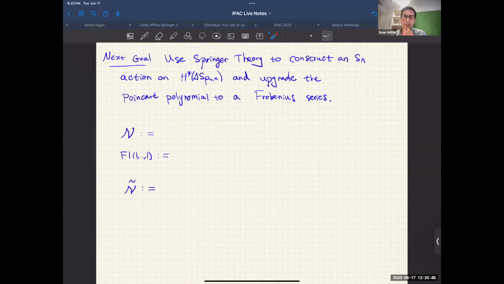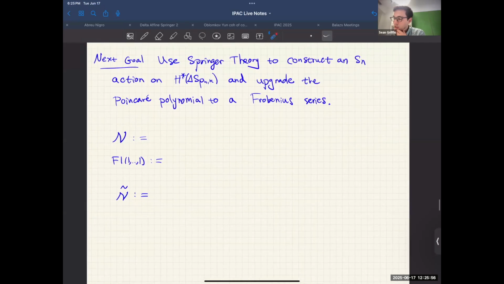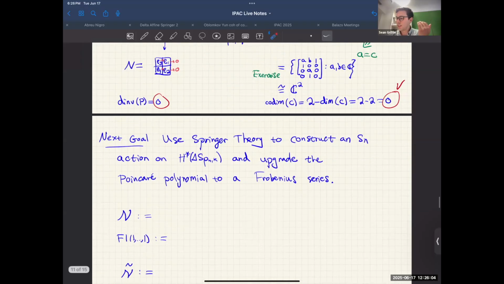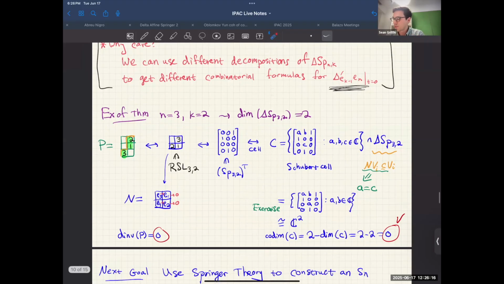In order to do this, I'll define Frobenius character next time, but I wanted to give a crash course on Springer theory to lead us to connecting these delta Springer fibers to classic Springer theory and how you can apply that classic Springer theory to this combinatorial situation.